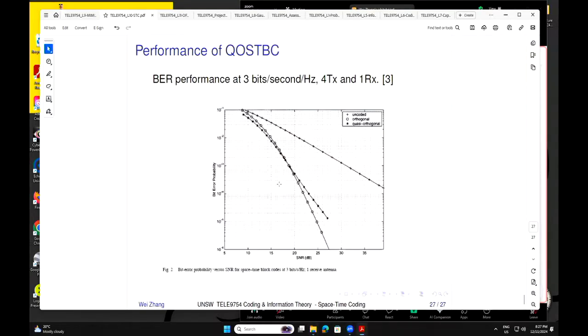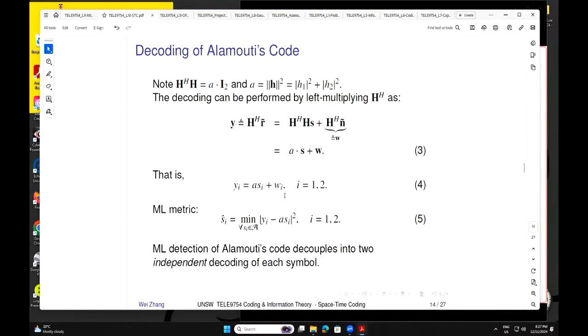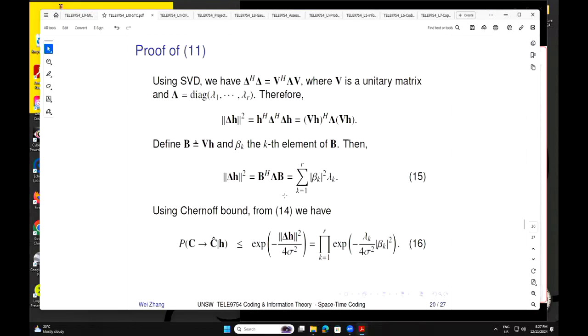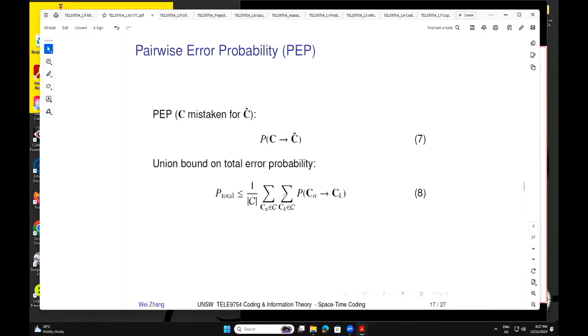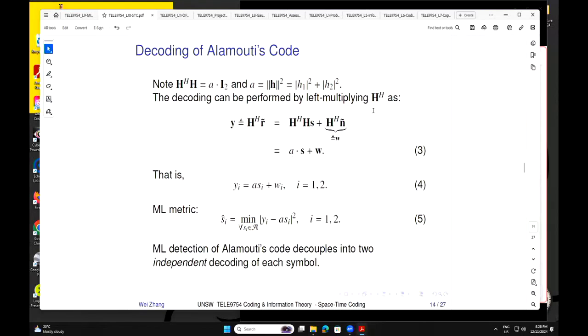Space-time coding. In the space-time coding part, I think the orthogonal code is important, especially two things. One is this page, page 14, decoding the Alamouti code.